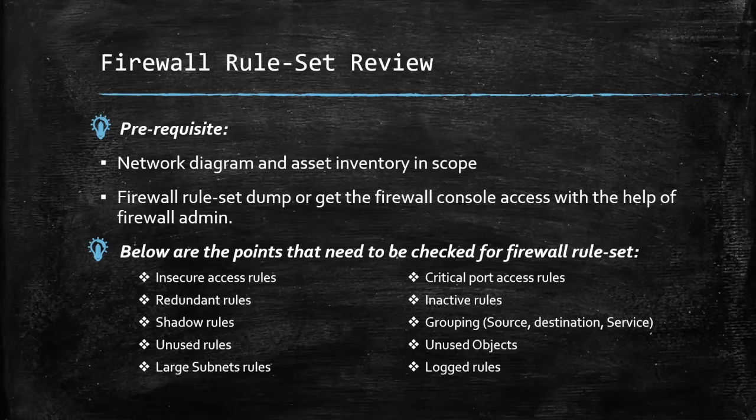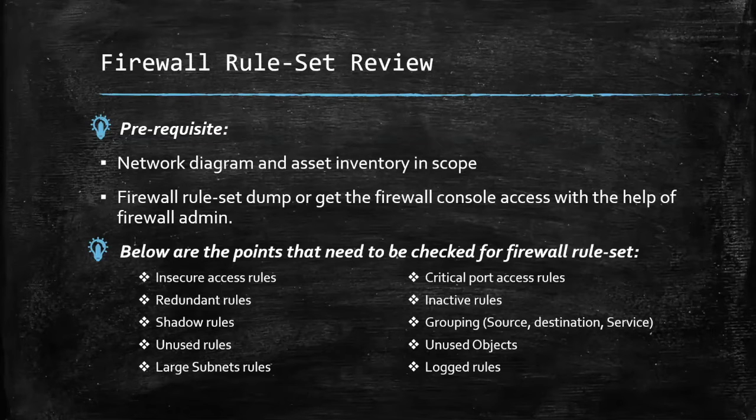Various rules you need to check, like whether there are any insecure access rules, redundant rules, unused rules, any large subnet rules present, and whether a critical port access rule is provided in a grouping of rules, which can be related to source, destination, or service.